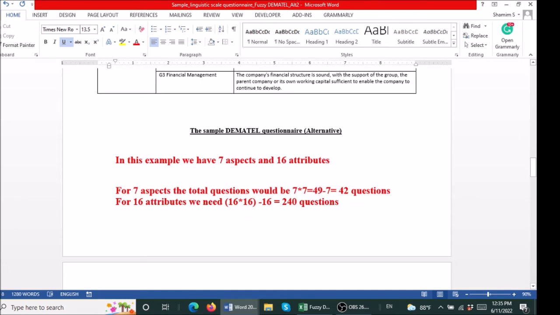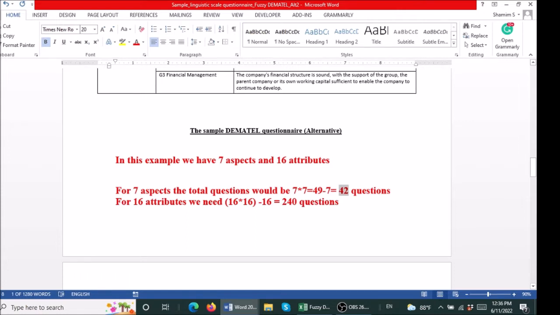So if we have 7 aspects and we want to collect information on aspects, then my total questions of aspects would be 42 questions. 7 times 7, minus 7. Minus 7 means we are not asking the relationship of A1 on A1. It's meaningless, right?